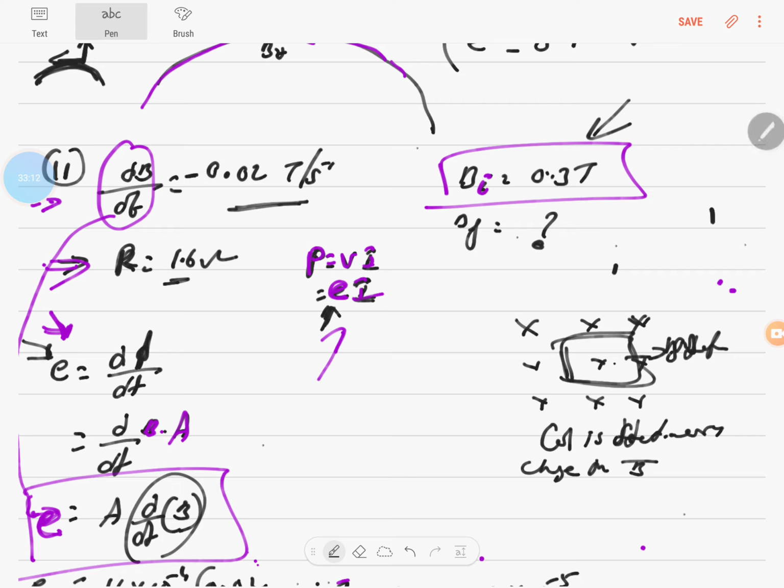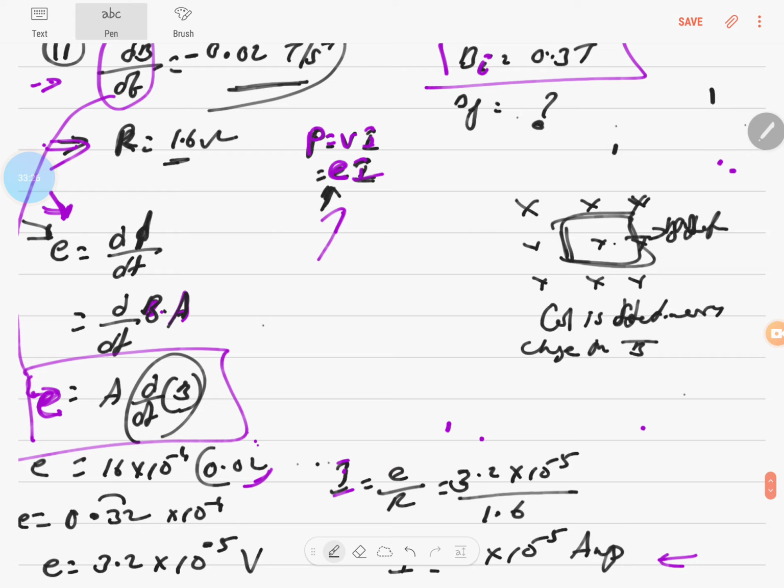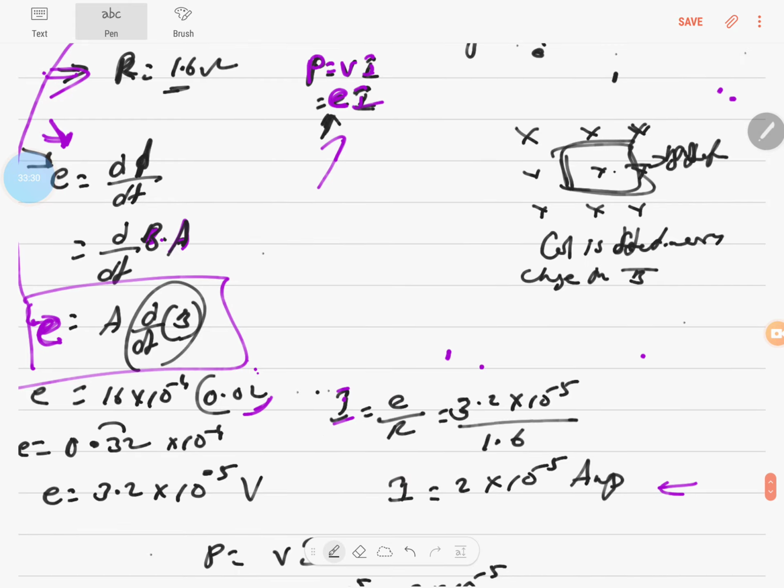E is equal to d phi by dt, Faraday's law. You can forget about N because there's no number of turns here, and flux is B dot A. A is a constant, so you get dB by dt, which can be substituted. dB by dt is 0.02 and the area is known. You can find the EMF induced. Once you know the EMF and the resistance, you can divide them to get the current.